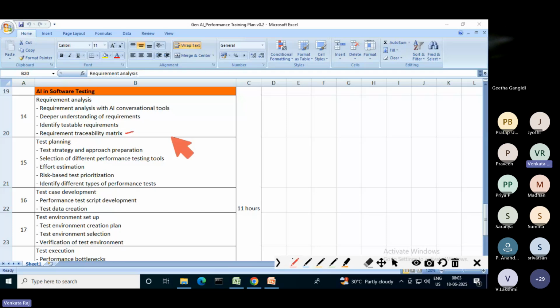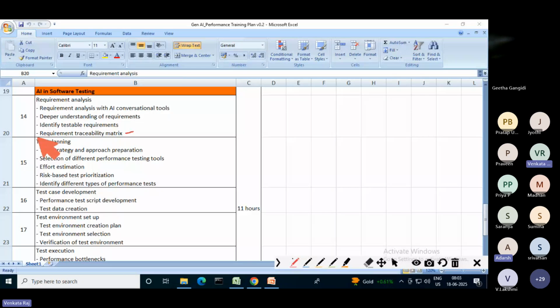Anyone else? It is just the requirement where we get the numbers, such as response time and SLAs. No, that is your NFR. I'm talking about the RTM, requirement traceability matrix.